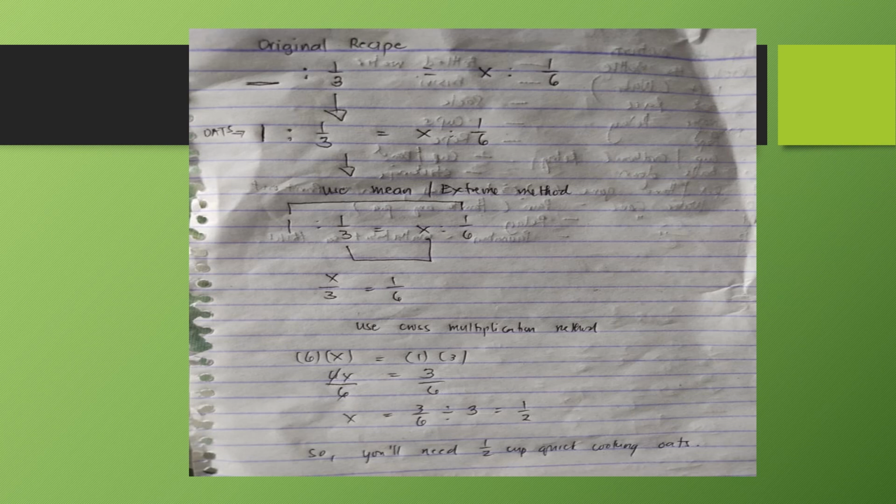So 3 divided by 3 is 1. 6 divided by 3 is 2. So, ibig sabihin, from the bread recipe, instead of 1 cup ng oats, ang kakailanganin lang natin is 1/2 of oats. Now you proceed with the next question.